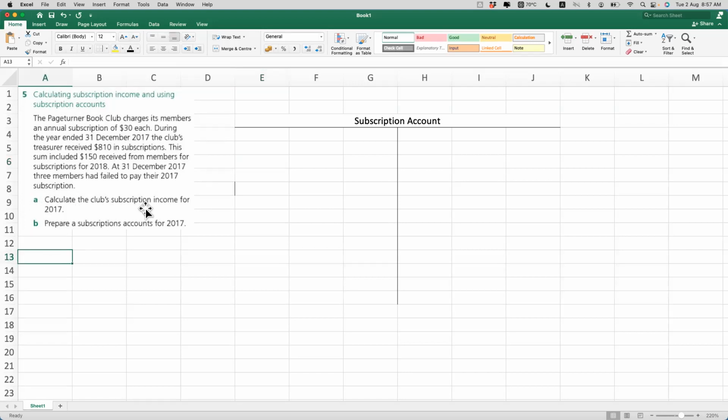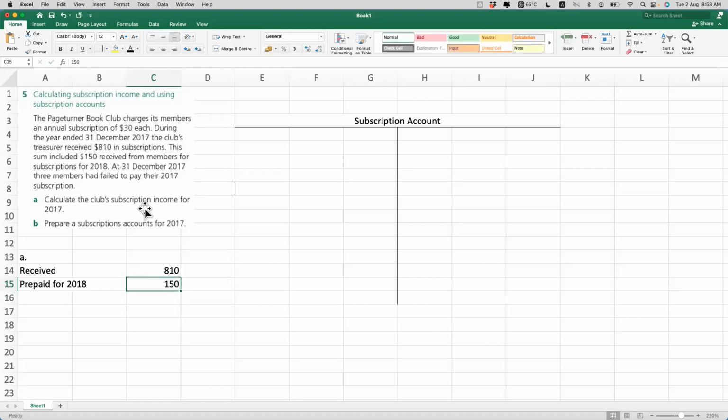So if subscription income for 2017, you can actually do it by listing out all the information that you have. So receive 810. So you just write 810 that you receive. And then out of this 810, prepaid amount for next year, prepaid amount is 150.